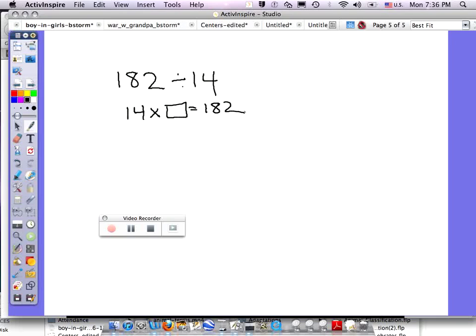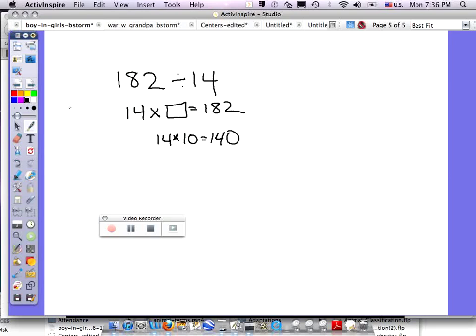The first thing you should do is know in your head that 14 times 10 equals 140. Well, we need 42 more than that, so how many 14s is that? I'm not sure, but I'm going to try around 3.